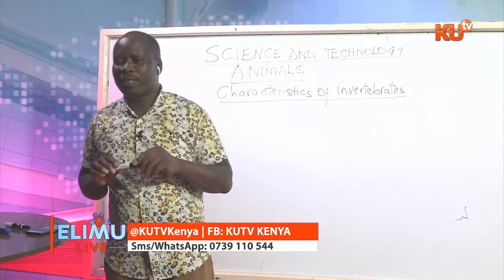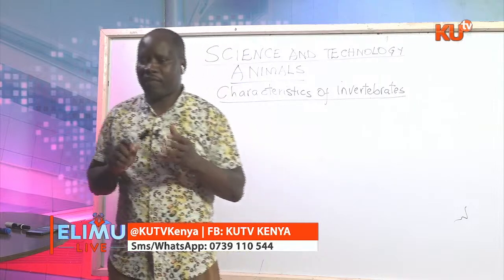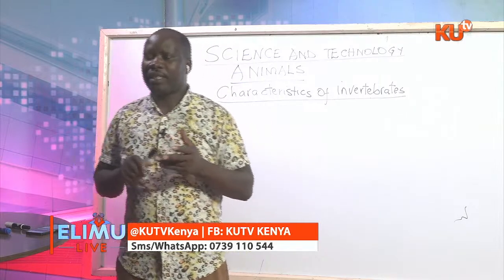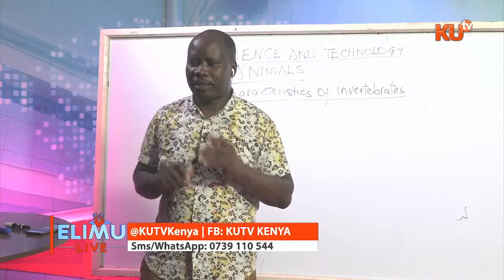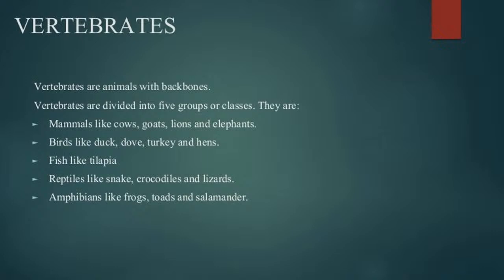Then after mammals, we have the second category of vertebrates. So the first one is mammals. The second one is birds. Examples of birds, we have the duck, we have the dove, we have the turkey, and we have the hens.